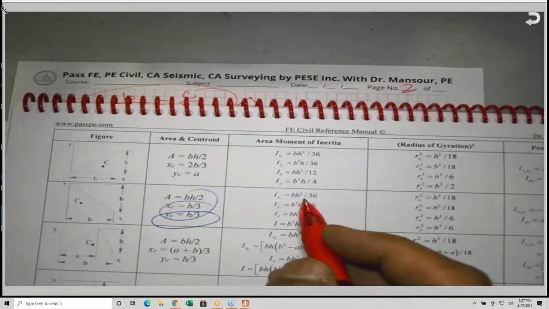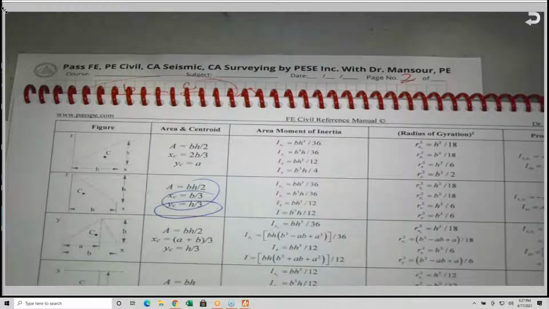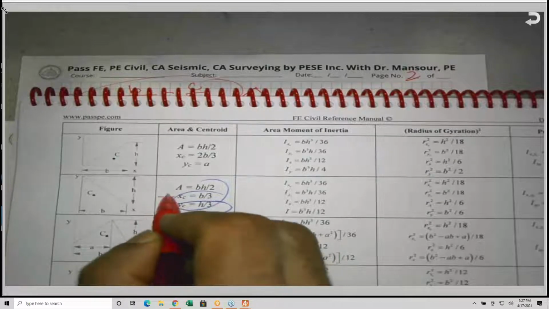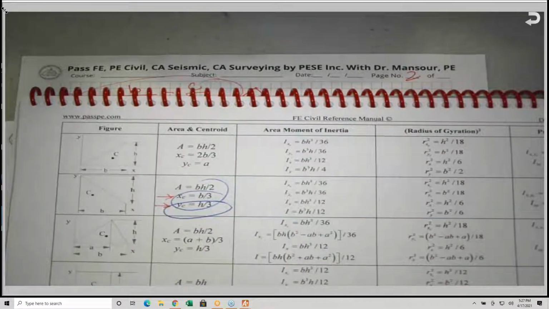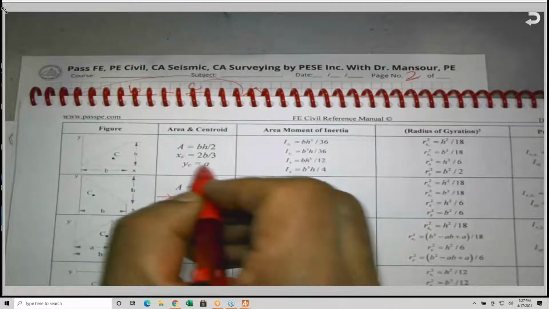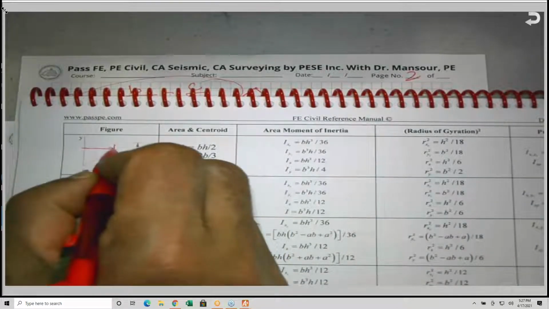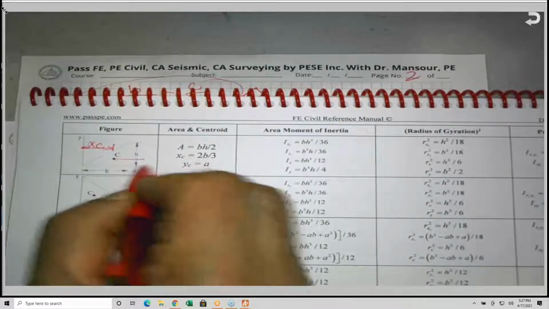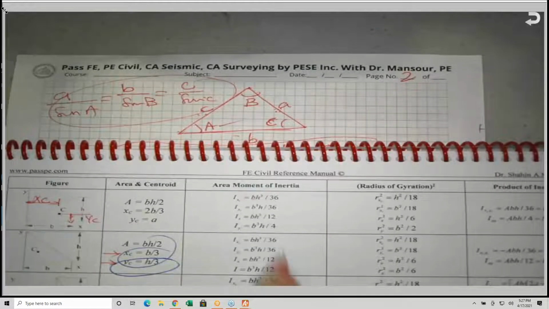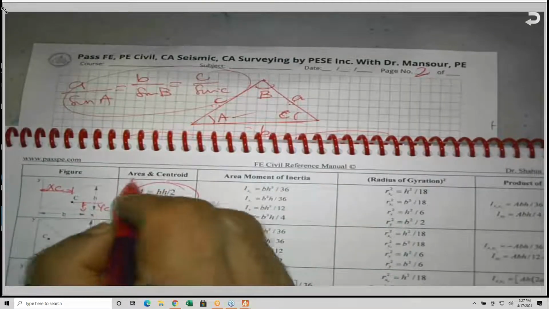You will find that for all these different areas, they are using the XC and the YC. They showed you where the centroid is, and how much is the XC and how much is the YC. Obviously, from here to here, this is XC, and from here to here is the YC. And after that, you will find that this is easy stuff, the area and the centroid.